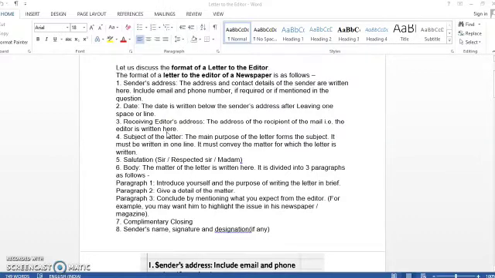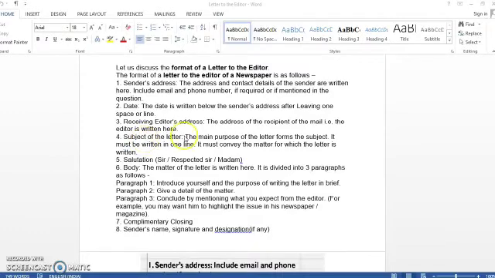Then the receiving editor's address, means the editor who receives this letter, you have to write the address of the editor in this letter. The address of the recipient of the mail, that is the editor, is written here. The newspaper, the editor, and then the newspaper office, the address.